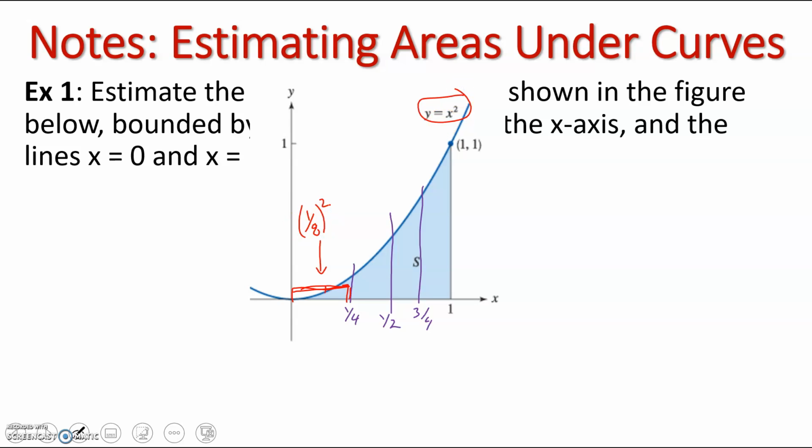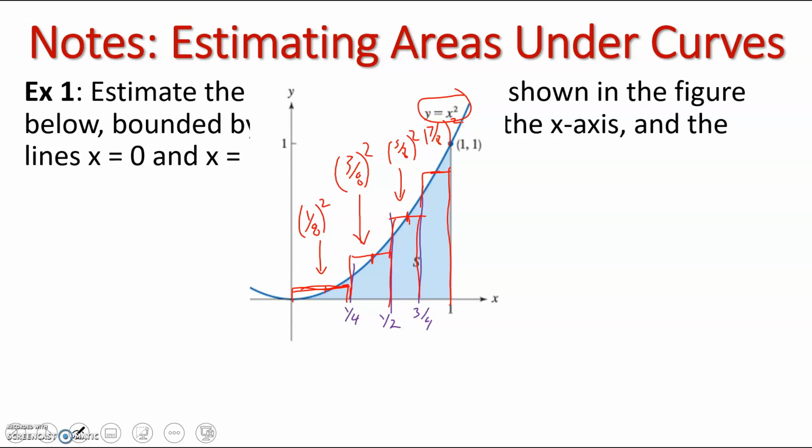And then between 1/4 and 1/2 is a 3/8. Cut right through there, and that there is 3/8 squared. And then here we're going to go through the midpoint, which is 5/8. So that's our 5/8 squared. And then our 7/8, just right here, and we have our 7/8 squared.